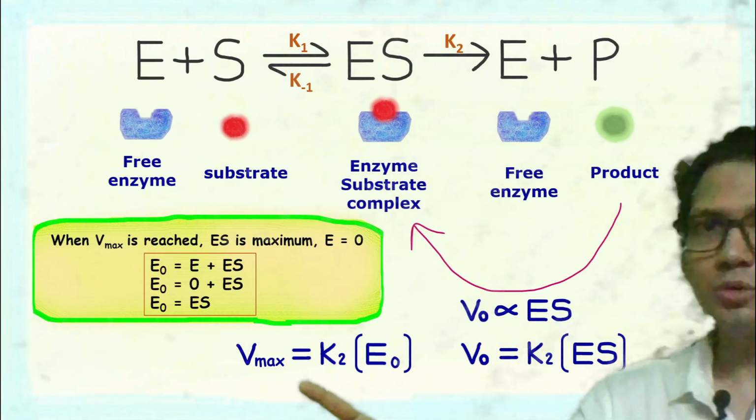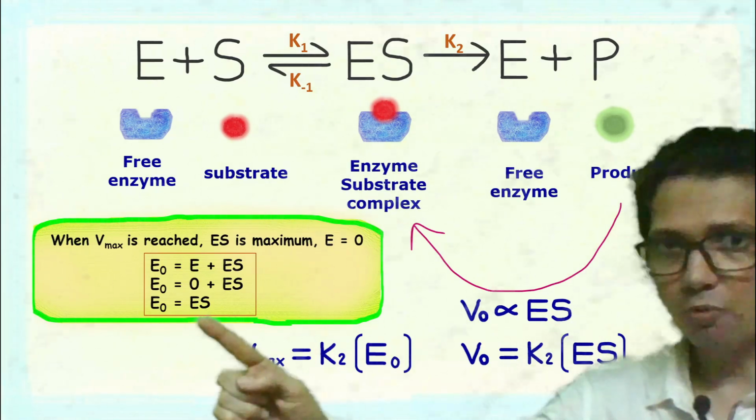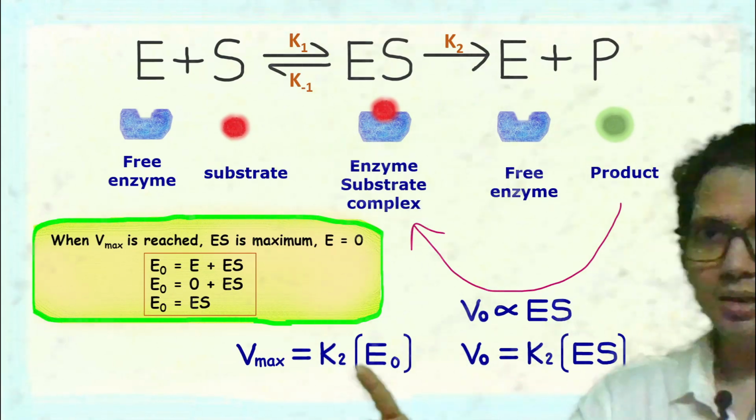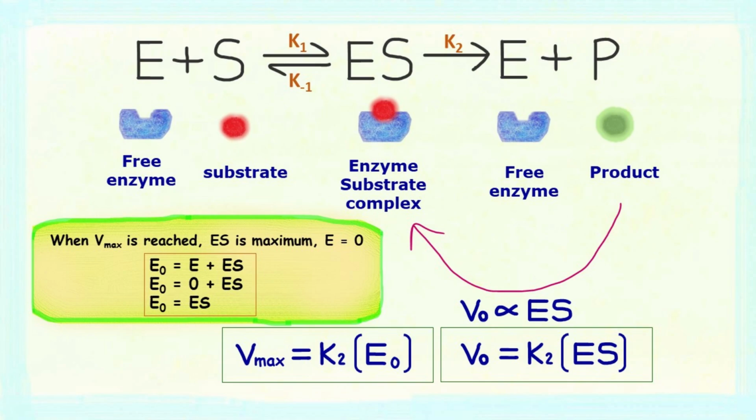This is because when Vmax is reached, E0 becomes equal to ES. So this ES over here is represented as E0. And these two are the most important equations that all of you should remember. Always remember Vmax depends on E0, V0 depends on ES.